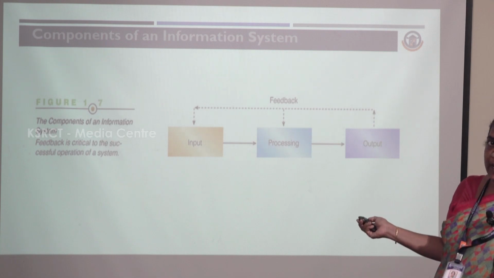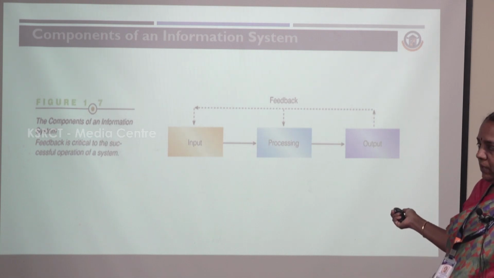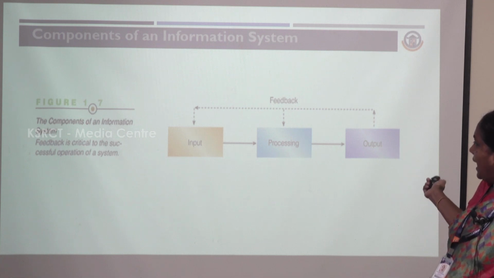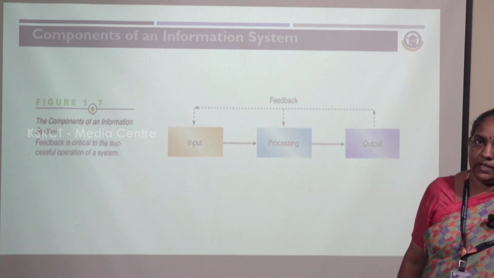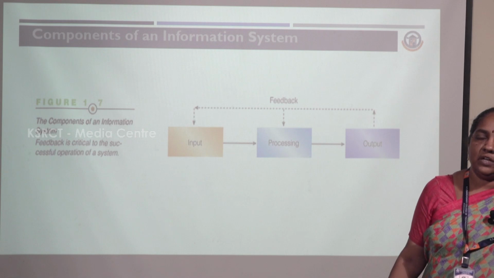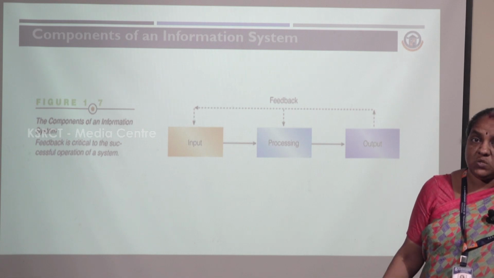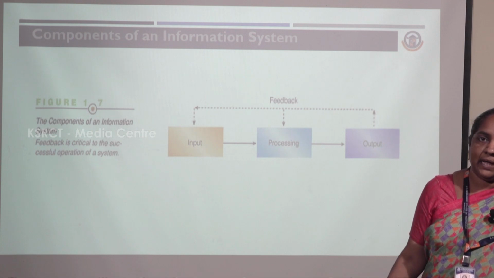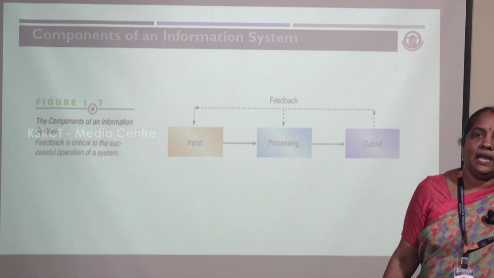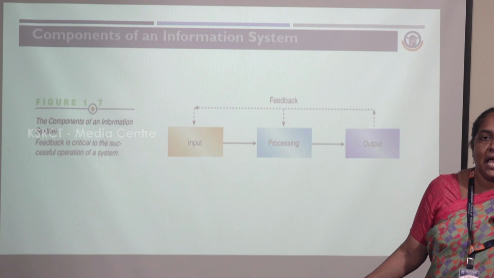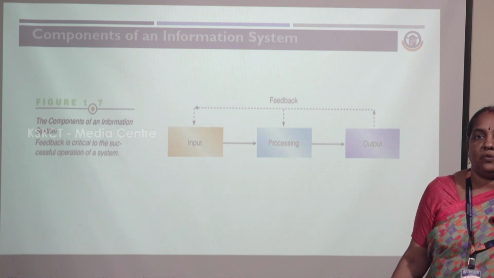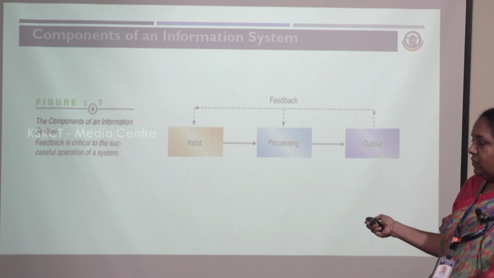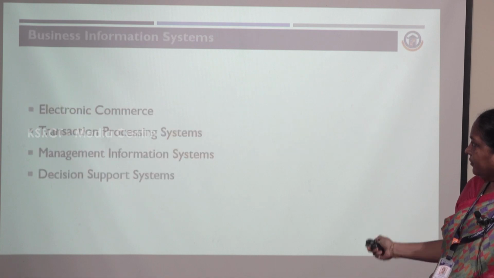The input is fed into the system, the data is processed, and you get the output. A feedback chain is also given. In case the output does not meet the aim or goal you want, we go into the feedback loop, verify the data, and the process takes place again, and the final output or report is prepared the way we want it.